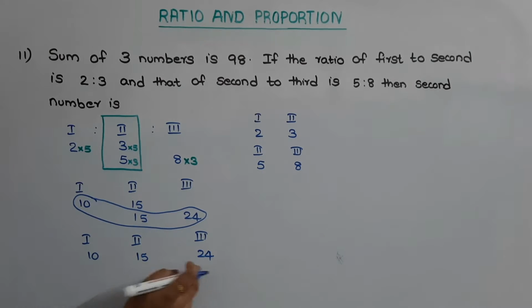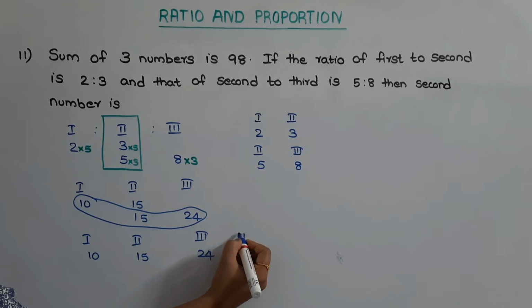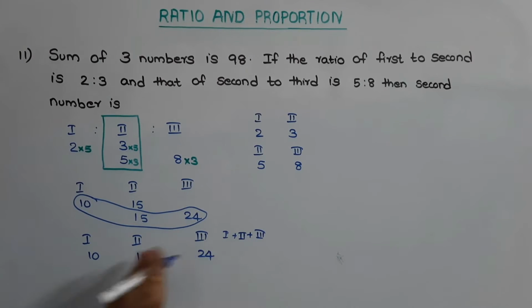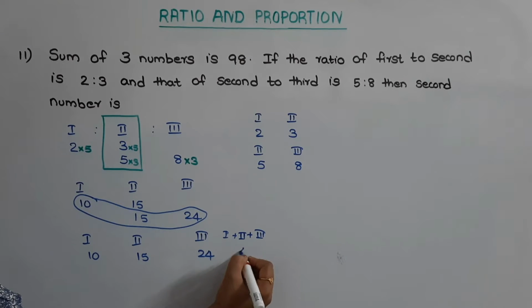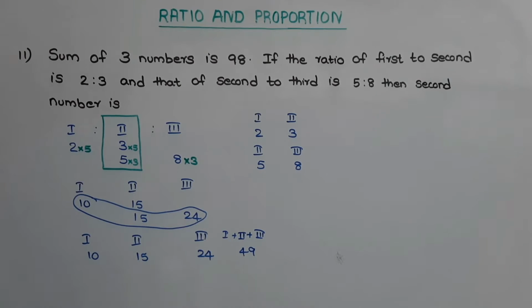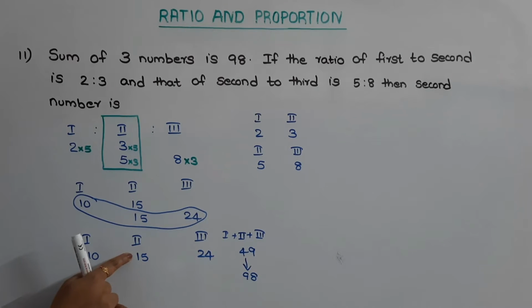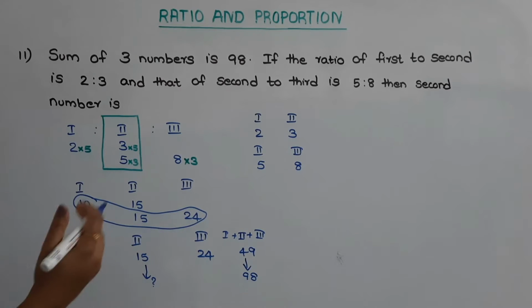In the question, they have given the sum of the three numbers as 98. So let us find out the sum of the ratios of these three numbers. That will be equal to 10 plus 15 plus 24, that is 49. So we can represent this 49 as 98. We need to find out the value of the second number. So if we find out the value of this 15, we will get the value of the second number.